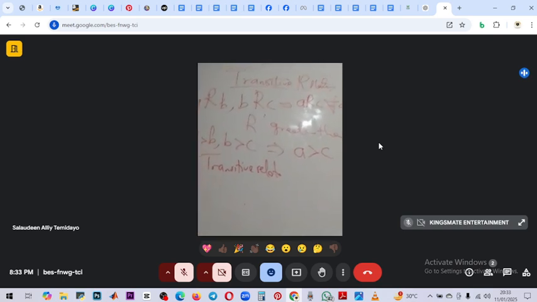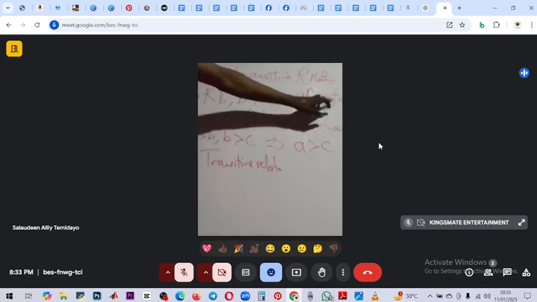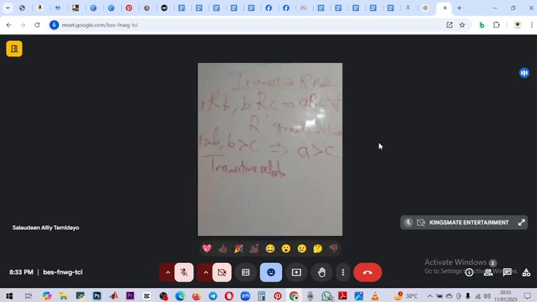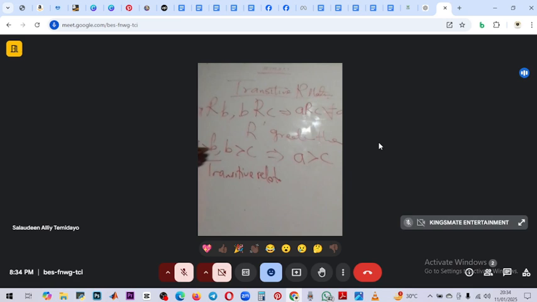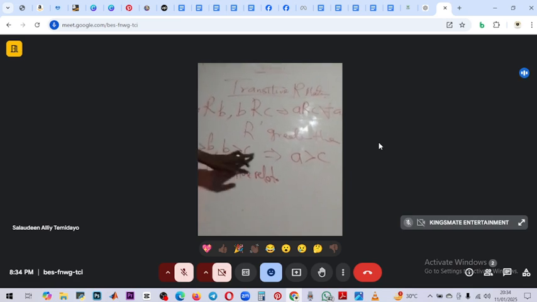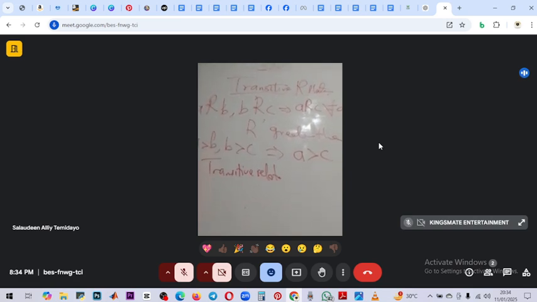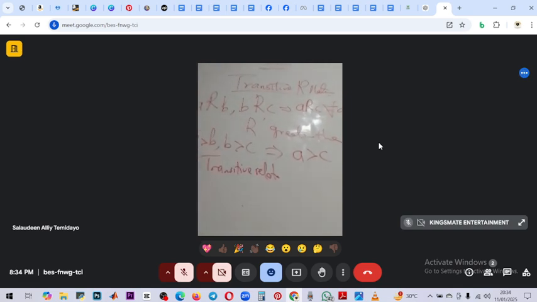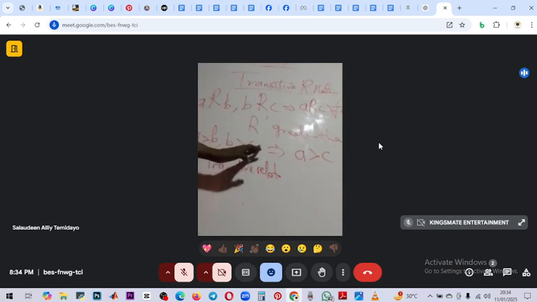It happens that A is related to B, B is related to C, and it gives an implication that A is related to C, such that A, B, C are elements of the set. If we use greater than, A is greater than B, and B is greater than C, very obvious that A is greater than C. Because if A is 3 and B is 2 and C is 1, because 2 is greater than 1, A is definitely greater than that 1.